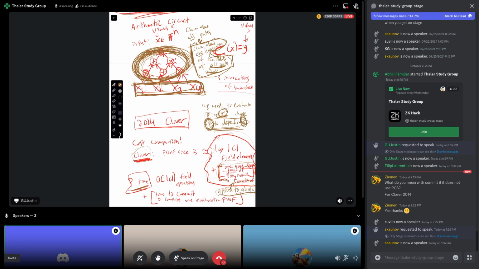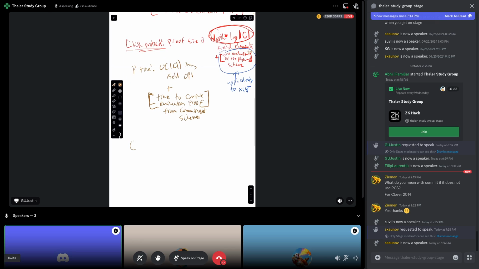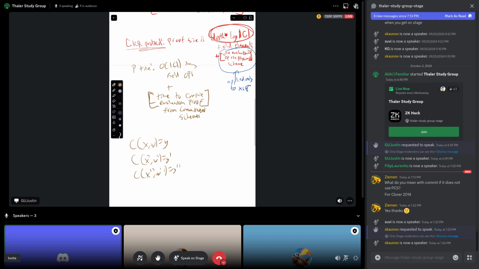So to be clear, in the online phase, if the prover claims, like, I know a W such that C of X comma W equals Y, and I know a W prime such that C of X prime comma W prime equals Y prime, and so you have three different claims here or whatever, right?